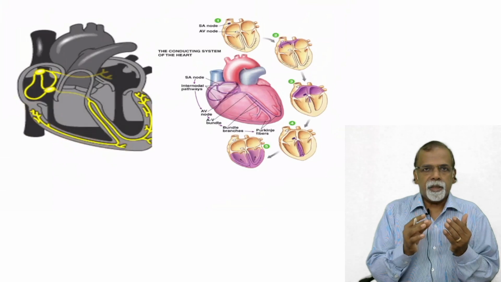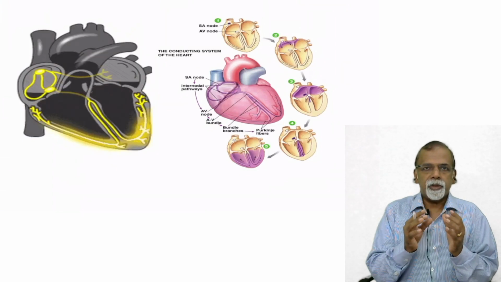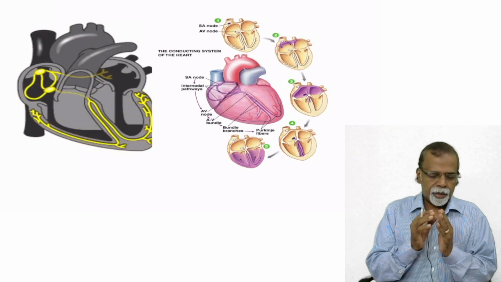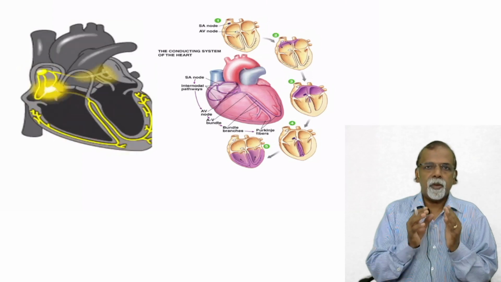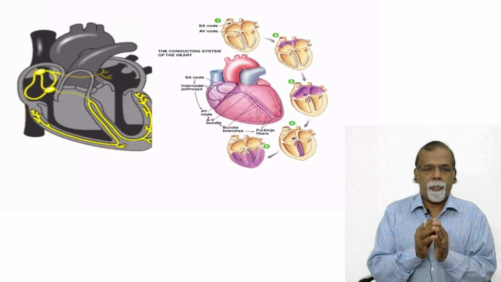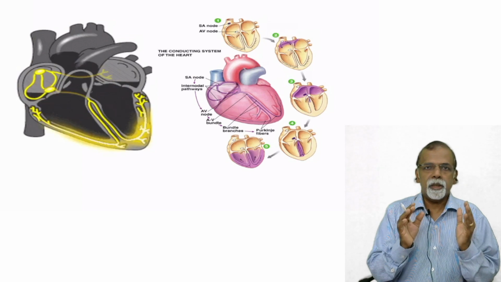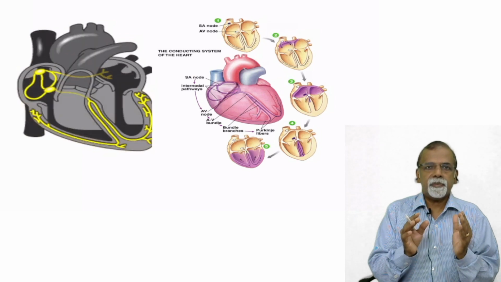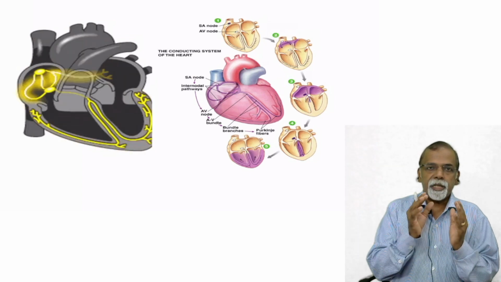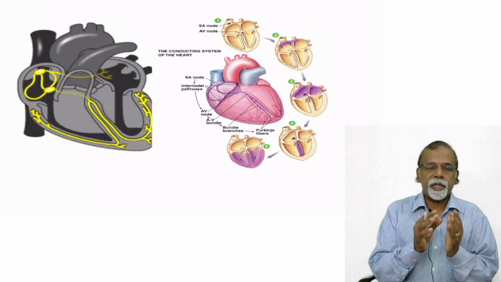And let us see how this electrical activity occurs in the heart. The cardiac muscle, otherwise called myocardium, contains two sets of cells. One is the contractile part, which is a syncytium, and the other is the specialized tissues which have pacemaker capacity.